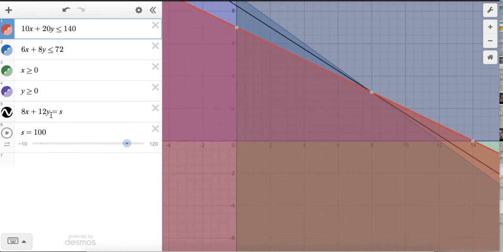By the way, if we were to find the slope of this line, the objective function, the slope is equal to negative 8 over 12, or negative 2/3.